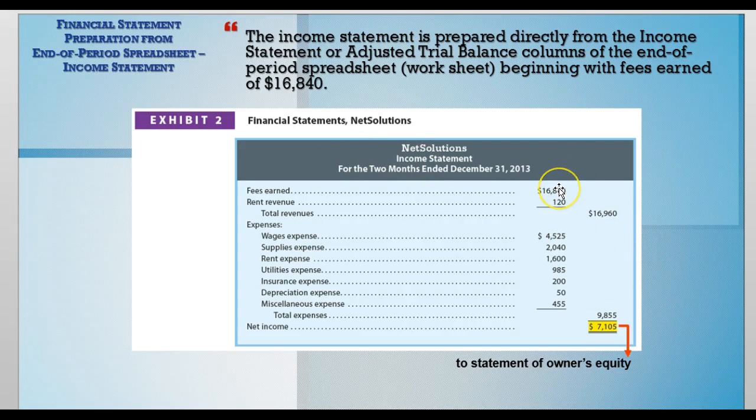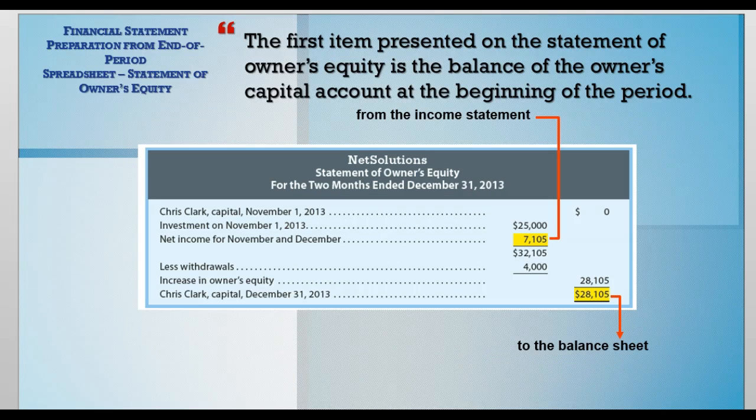So you're going to do your totals here, and then the full total over here to the side. Again, you have your totals, and then you come up with a net income, which goes to the owner's equity statement.